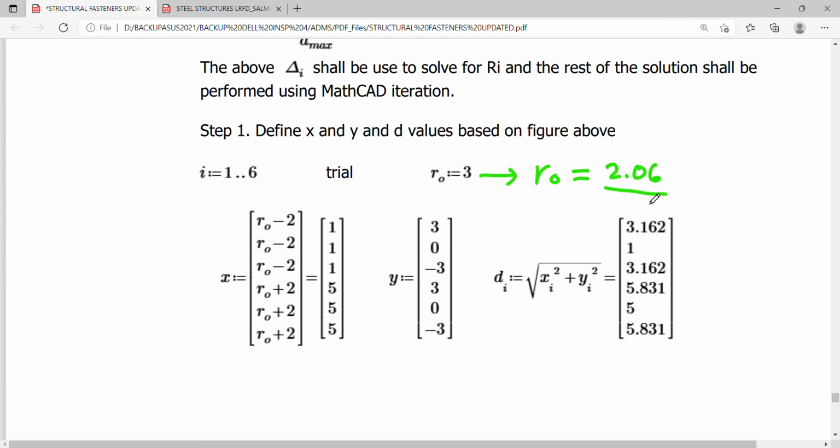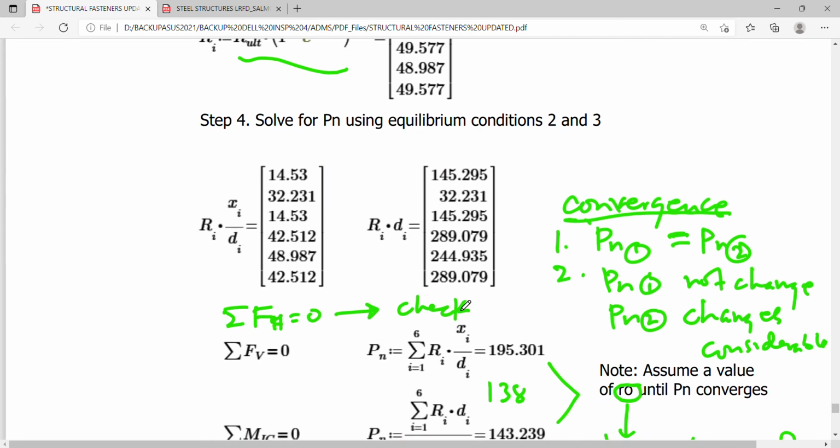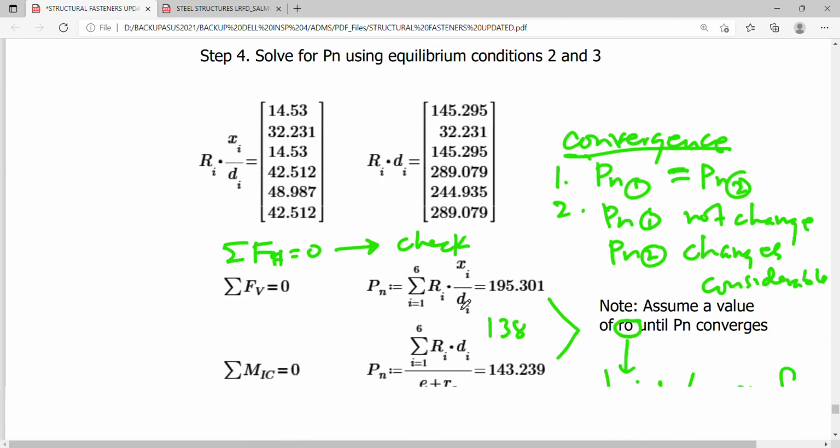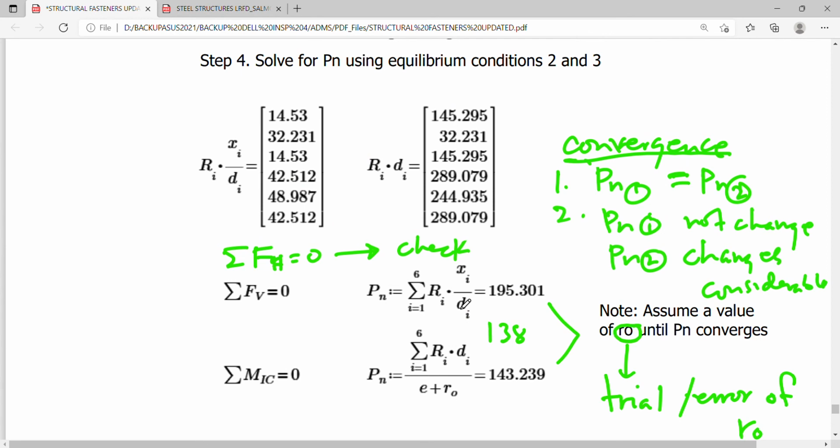I'll show you the program after this video to give you a clearer and a more comprehensive understanding of how the MathCAD program works in this particular problem.